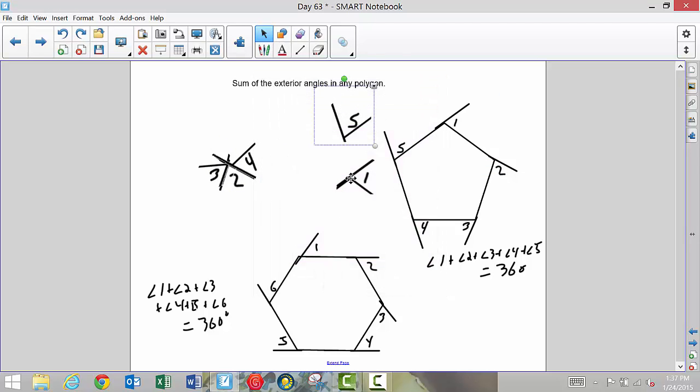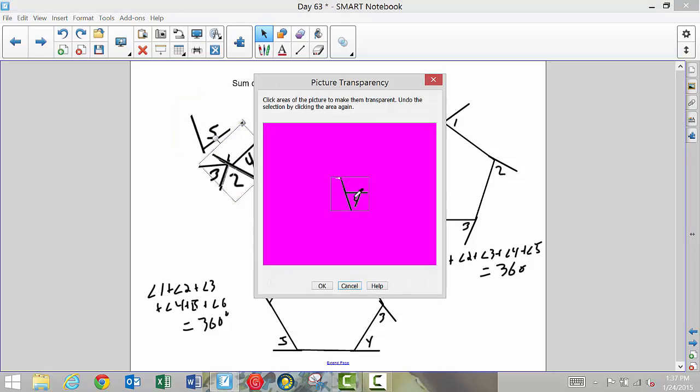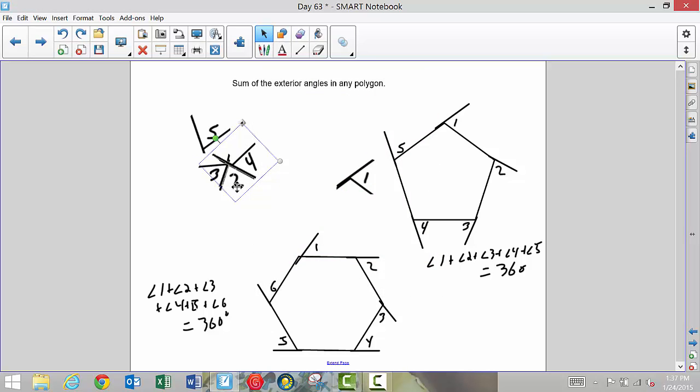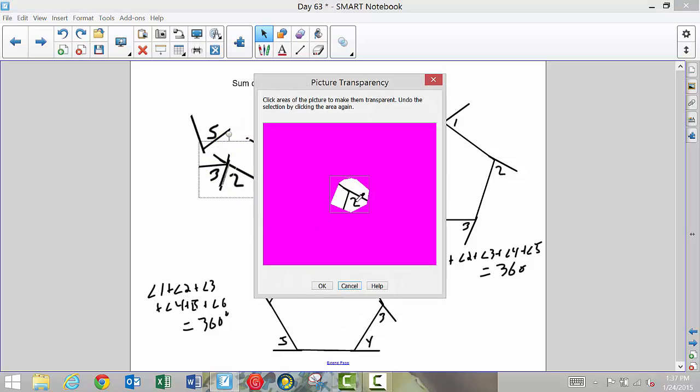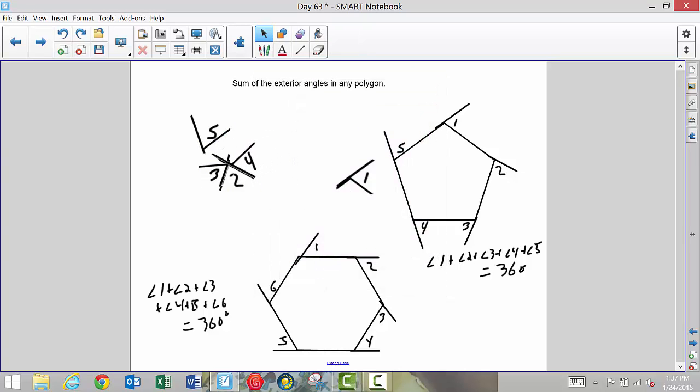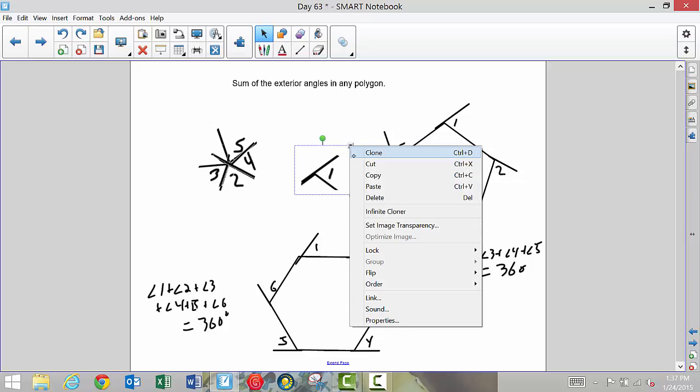And again, I'm just showing you that I can make a circle with all 5 angles, and I just need to fiddle around here with these. So here we go. There's 4, there's 5, and angle 1 should fit right in between 3 and 5.